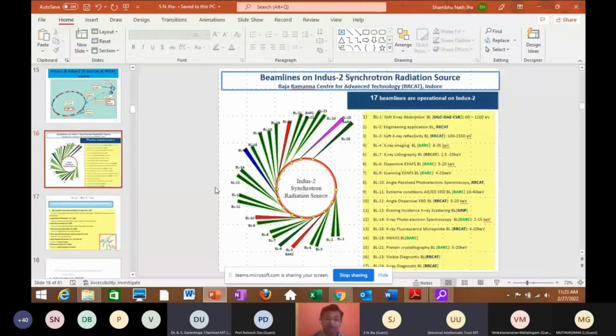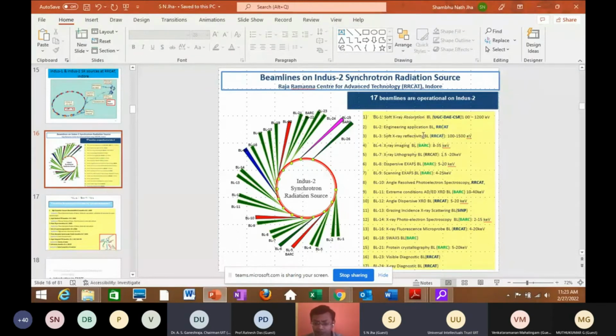So as I mentioned, there are 17 beamlines which are operational and which cover scattering, imaging, and spectroscopy techniques, as well as angle resolved studies, which include the band structure in solid state, imaging, and engineering applications. These are listed here, and the beamlines most recently added are the angle resolved photoelectron spectroscopy, the small and wide angle X-ray scattering beamline, and the engineering application beamline.